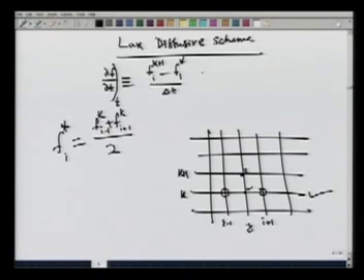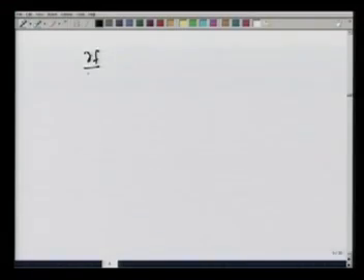Now, this is the substitution for the time derivative. What about the space derivative? If this is a general statement for a space derivative, then I can write the equivalent algebraic expression. This will be f I plus 1 minus f I minus 1 divided by 2 delta x.